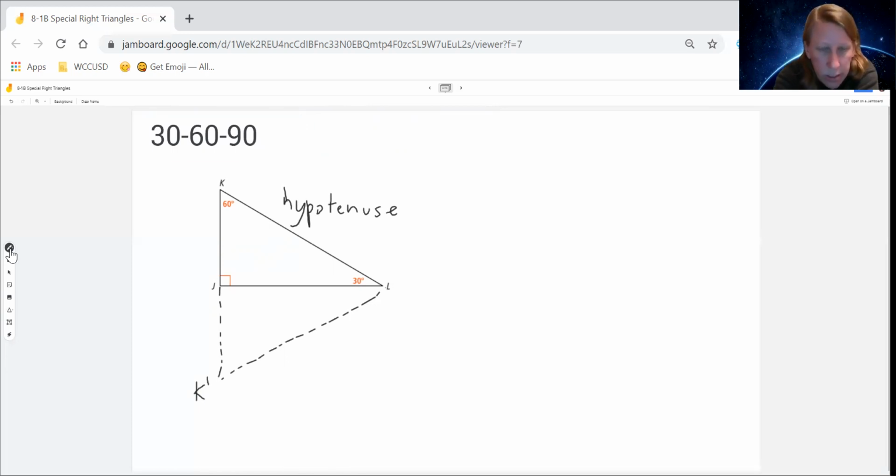So the smallest angle is 30 degrees. That's over here. And so the shortest side is across from the angle. So this is the short leg. When you're working with 30, 60, 90 triangles, you want to label the hypotenuse, the short leg, and that means that this one here is the long leg.